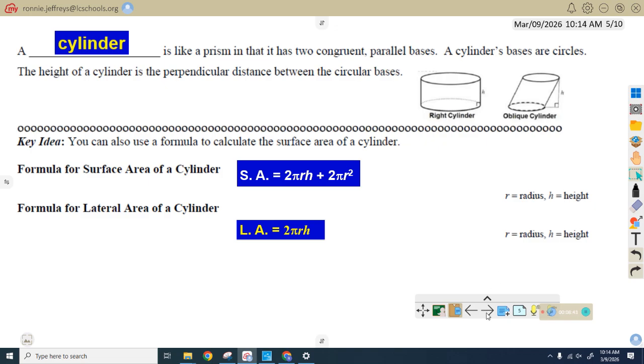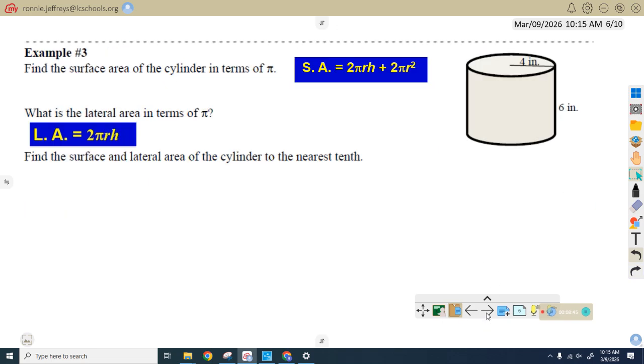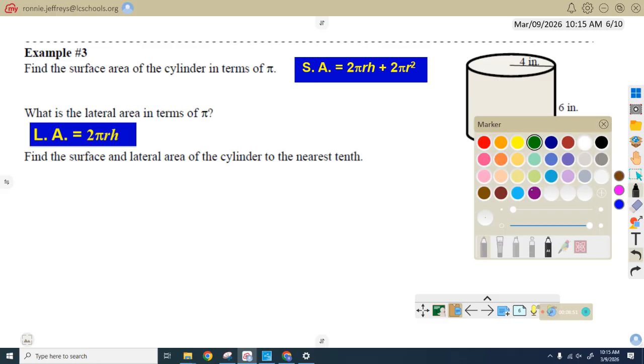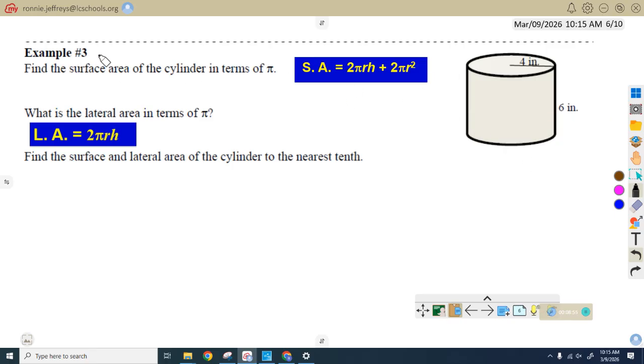All right, so find the surface area of the cylinder in terms of pi. My radius I'm going to use for this is going to be 4 inches. My height is going to be 6 inches.